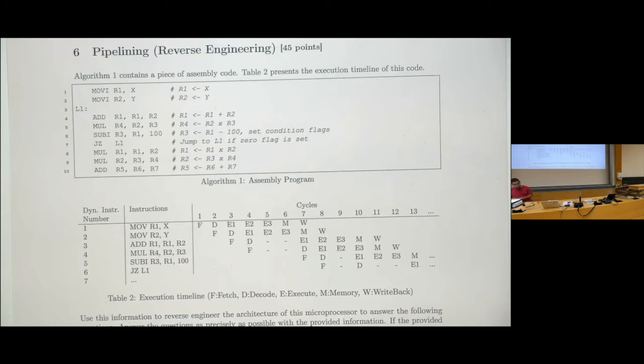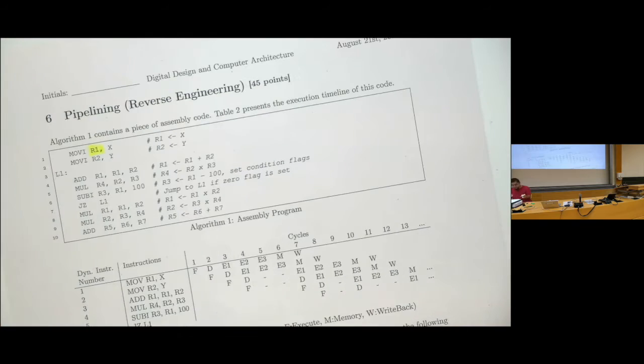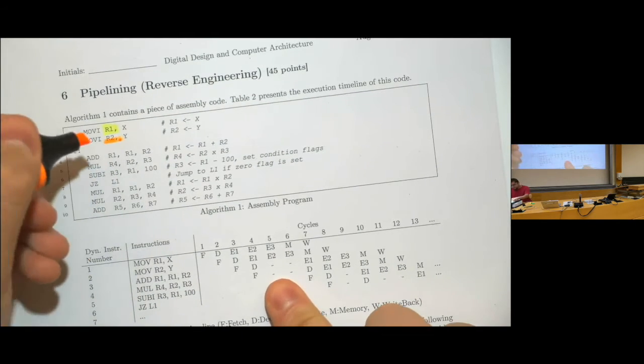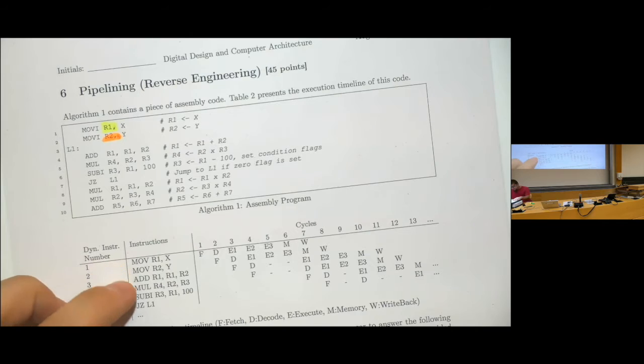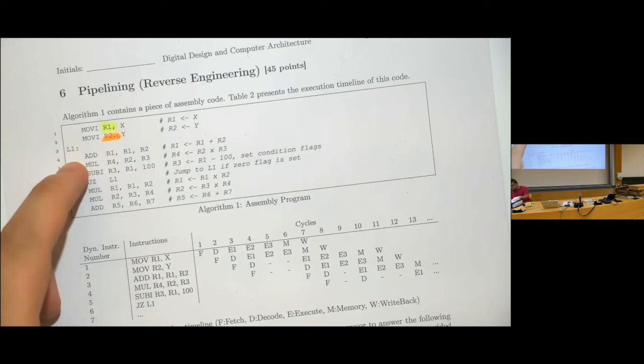So let's look at the code first. We first load two registers, R1 and R2, with immediates. And then we know that these get used to increment the counter. There's some kind of multiplication going on, some kind of loop bound check.